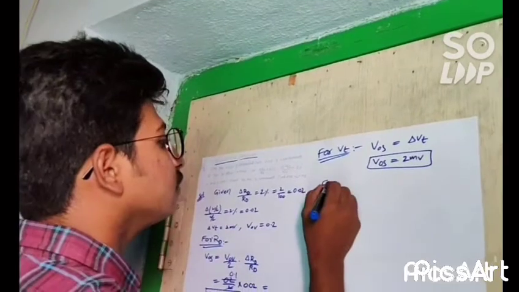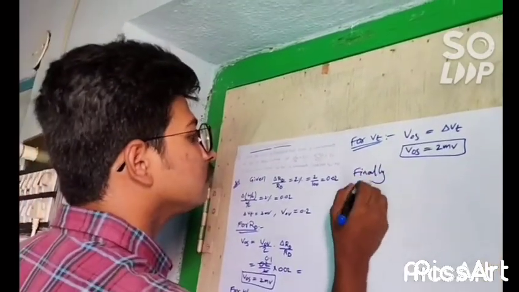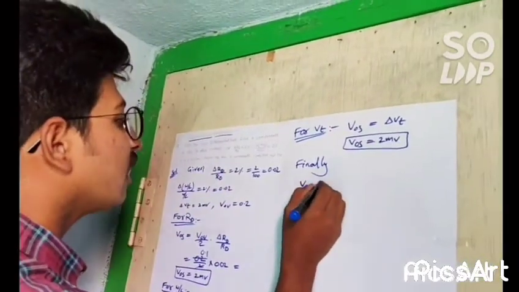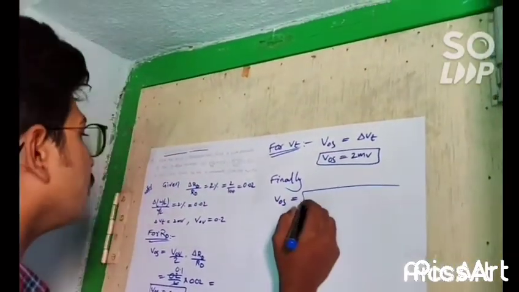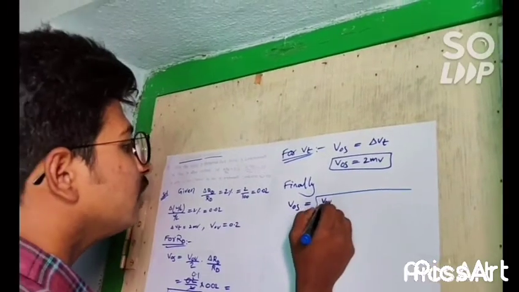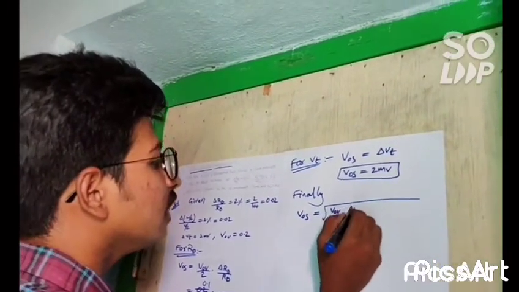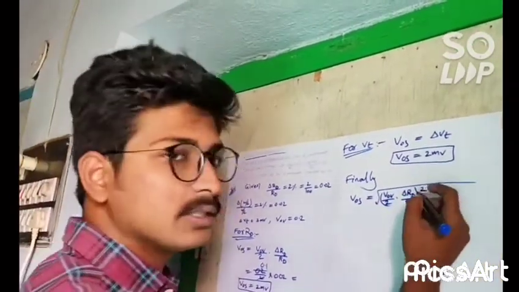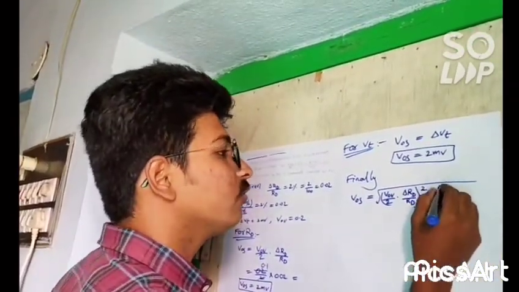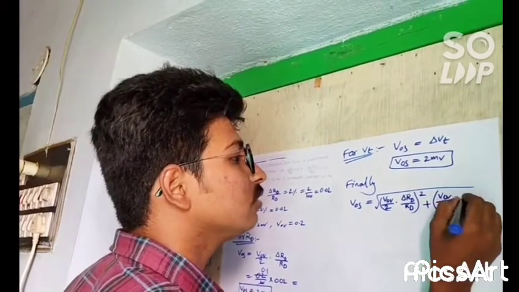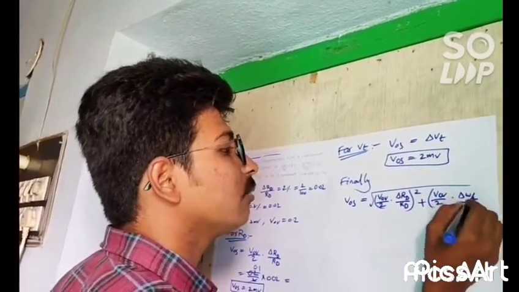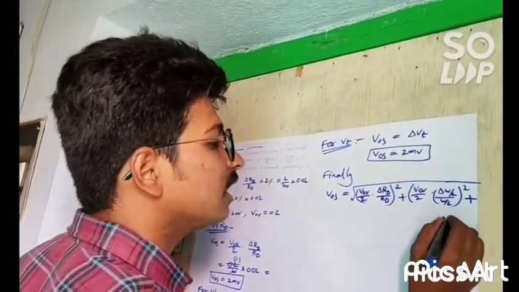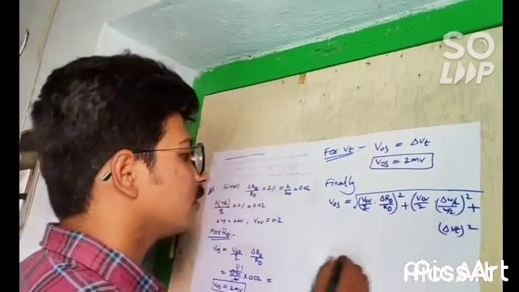Now finally, total VOS for three components, we know this formula, that is square root of VOV by 2 into delta RD by RD whole square plus VOV by 2 into delta W by L whole square plus delta VT whole square.